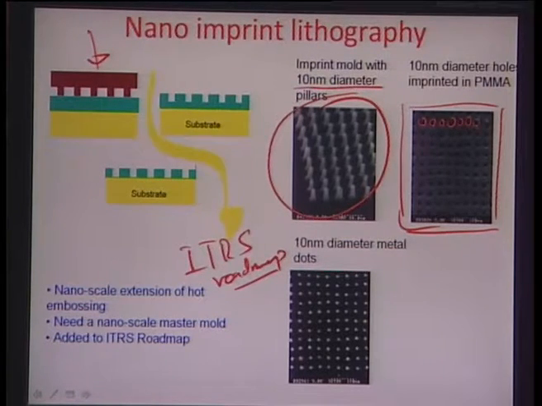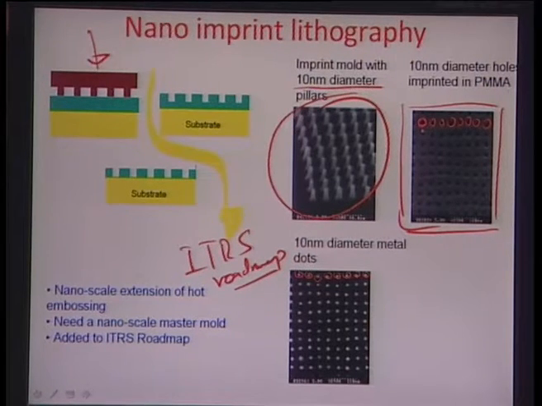So, this can be used as a shadow mask for processes like deposition, where this mold is put over a wafer and material like gold or platinum is deposited through this shadow mask, so that these tiny dots are each about 10 nanometers in diameter, because they can go through the holes in the PMMA.